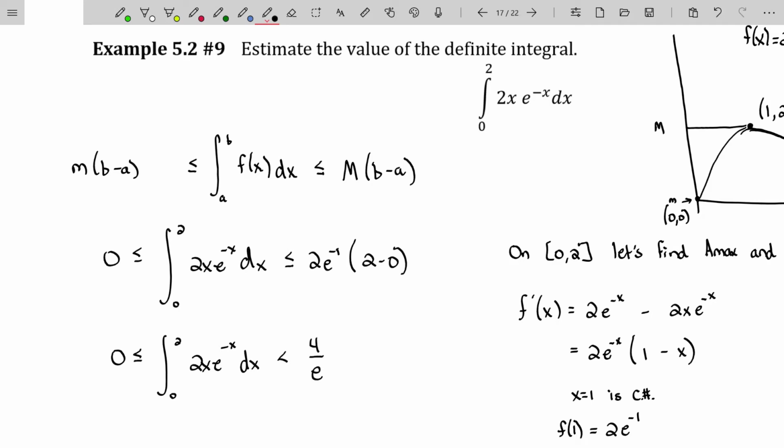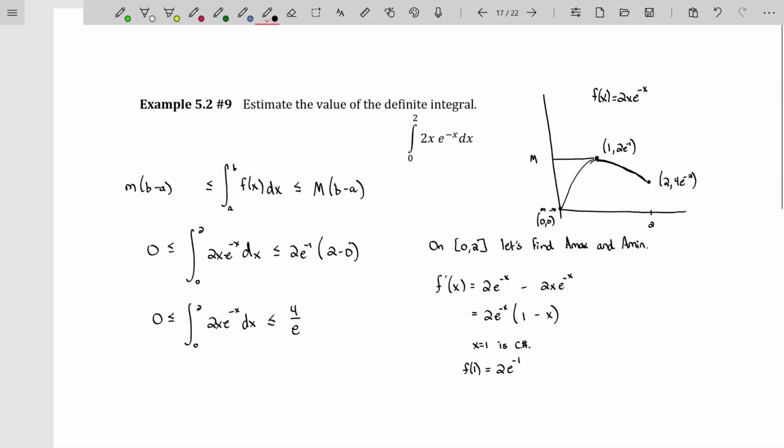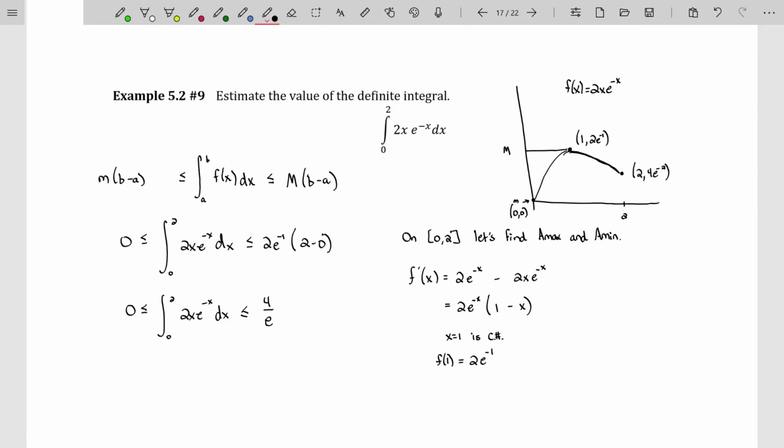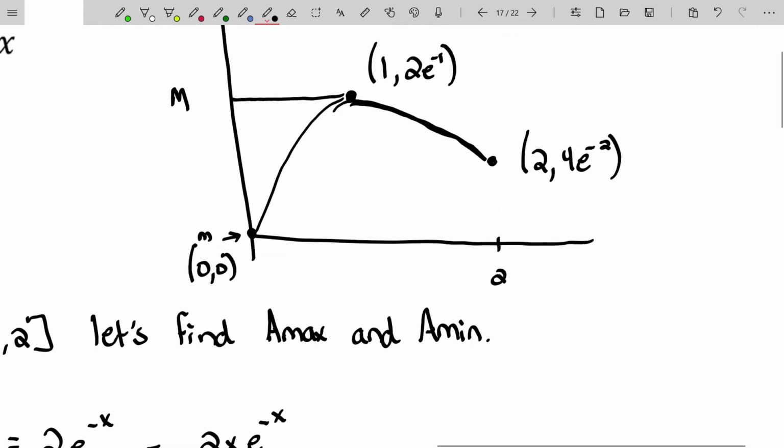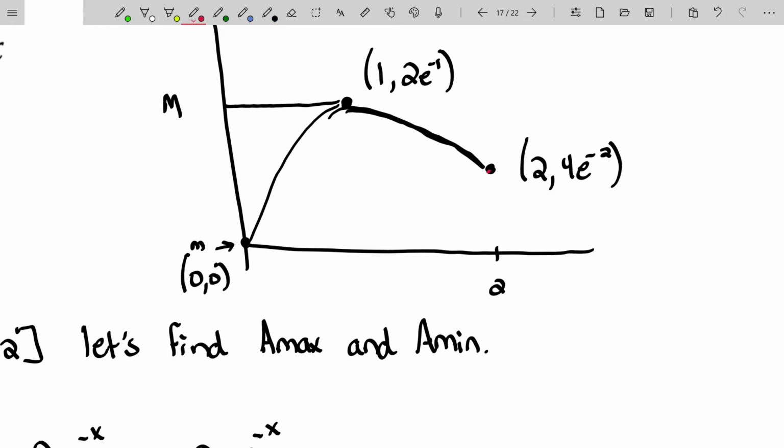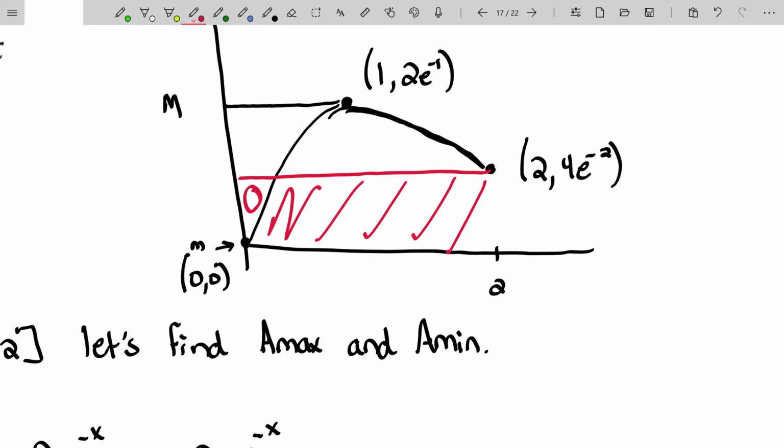Now that is actually a pretty broad amount of values that it can be between. Totally get it. But that's the best we can do, honestly, in this situation. Some people might say, well, can't you say that the area's greater than this? Nope, I can't, because we don't know how sizable that area right there is.